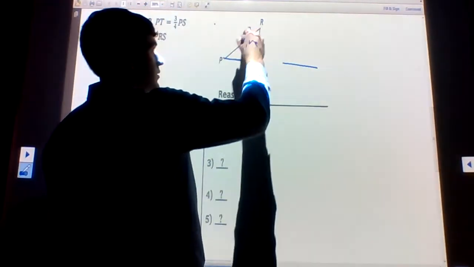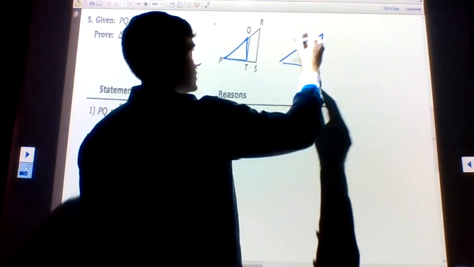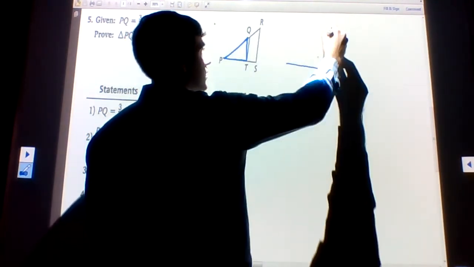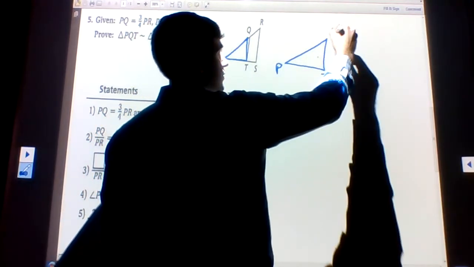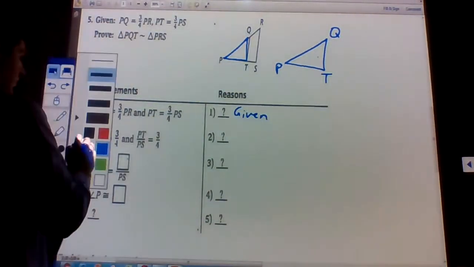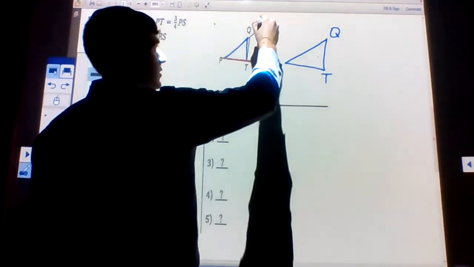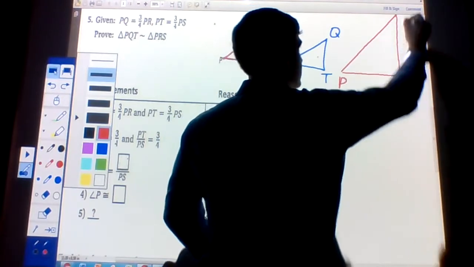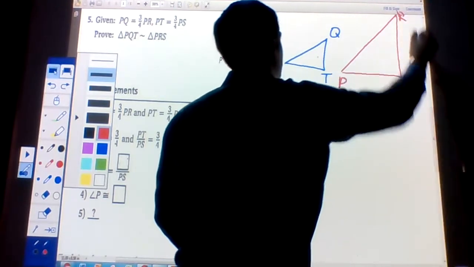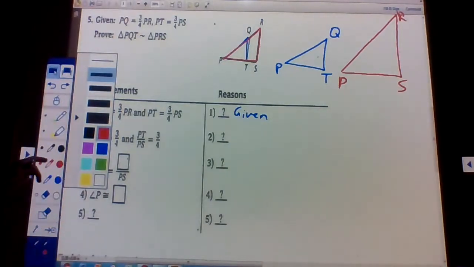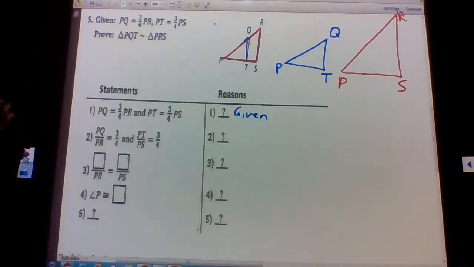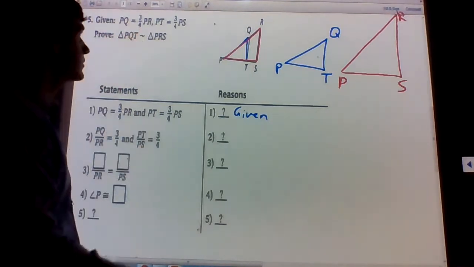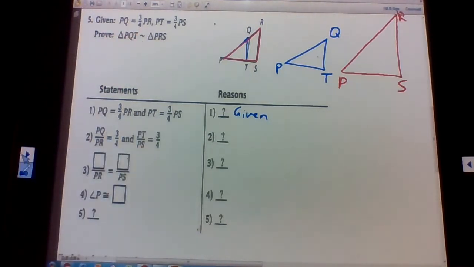So I'm going to draw the blue one here, P, T, Q. And I'm going to draw the big one in red. So the big one is P, S, R. Okay, PQ is 3/4 the size of PR, and PT is 3/4 the size of PS.